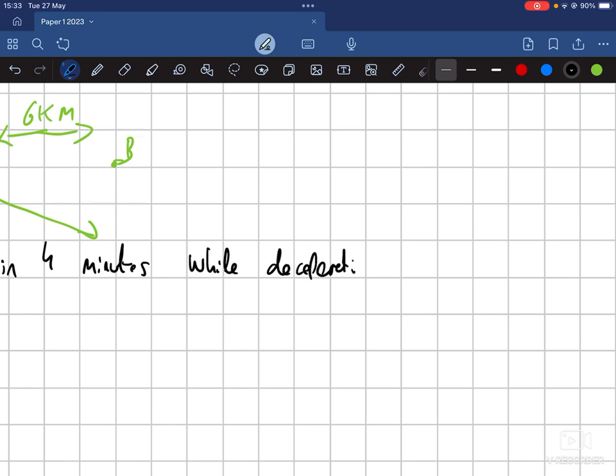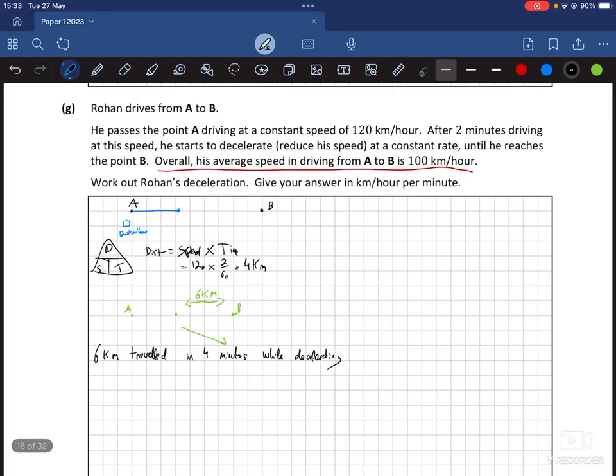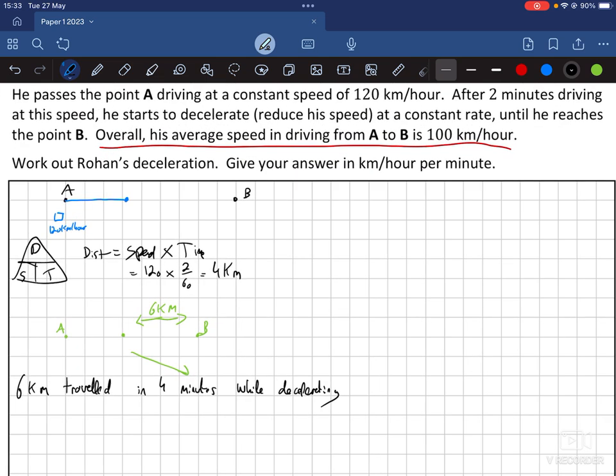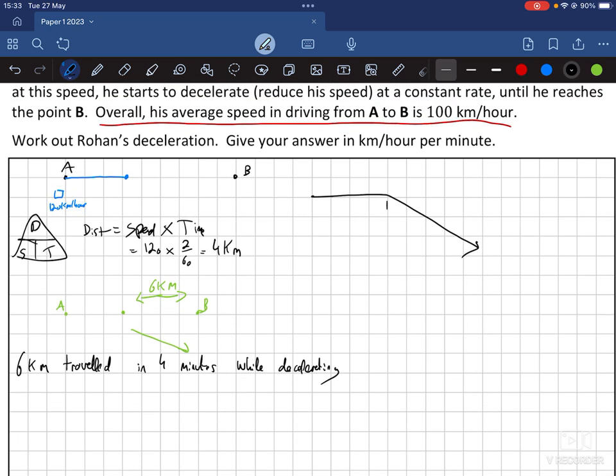Okay, interesting. I'm trying to even think of how. So he's traveling like this, and then he starts to slow down basically. It's linear, alright. And then the distance under this is 6.